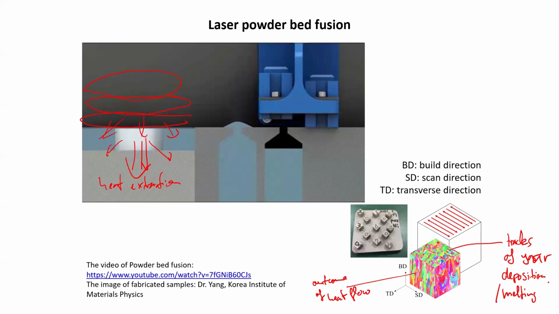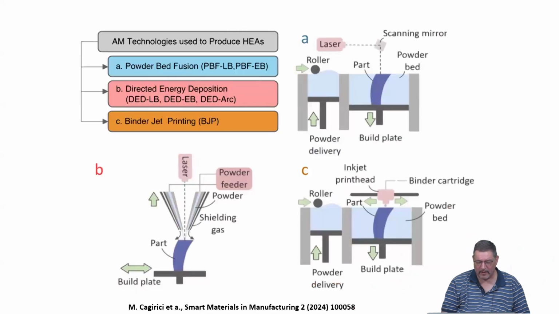So it means that when you want to use it, you probably have to do some post-processing, which is against the idea of additive manufacturing, because you would like to take the part and put it into your device, but this is probably not going to happen. This is not only true for the high entropy systems, but also for others.